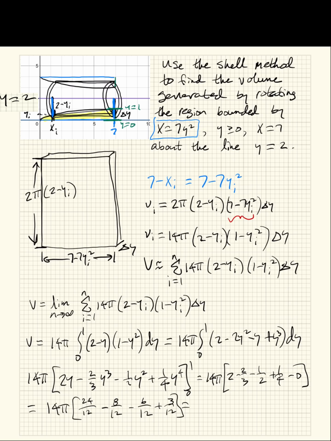And then combining all this, we would have 14 pi times 13 twelfths, which we could reduce, the 12 and the 14, to a 7 and a 6. And 7 times 13 is 91, so we would have 91 pi over 6. And that would be the volume of the solid that is generated by rotating the region bounded by these graphs about the line y equals 2.